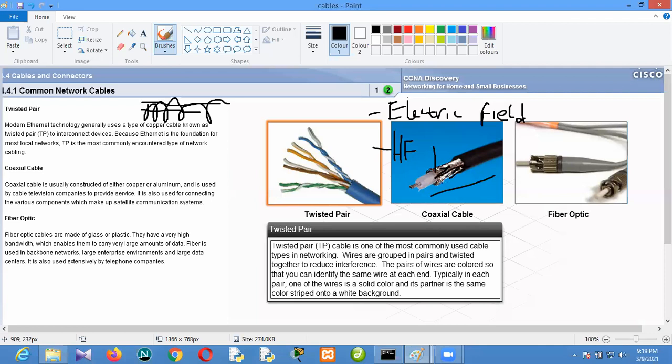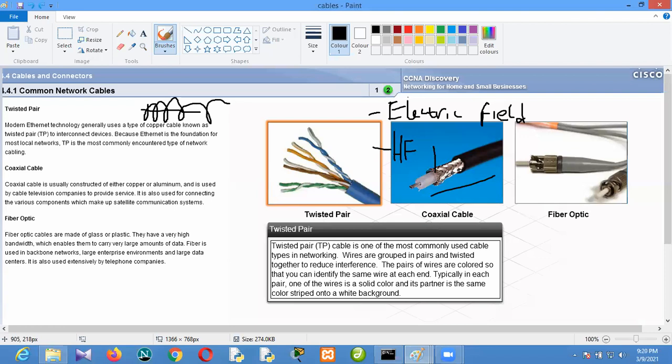In essence, I'm just trying to explain to you what this wire gauze does. It helps to shield your cable from interference coming from electric field and microwaves. It's not a guarantee that the interference will not have effect on your data, only that it can still give you some privilege.